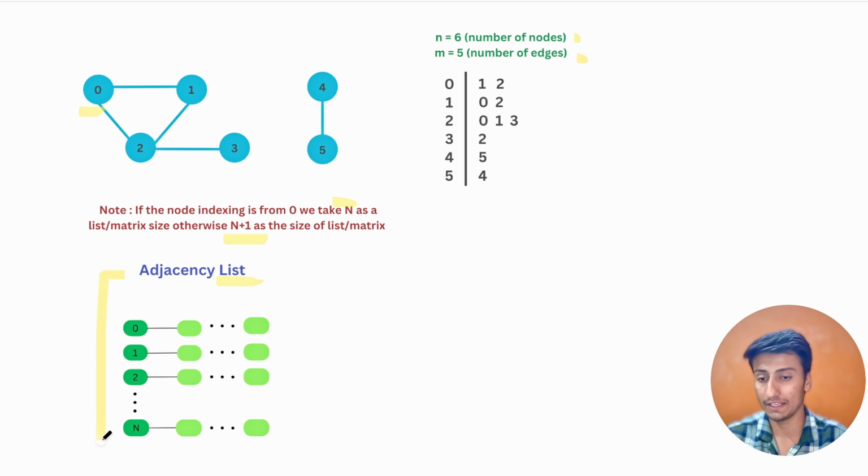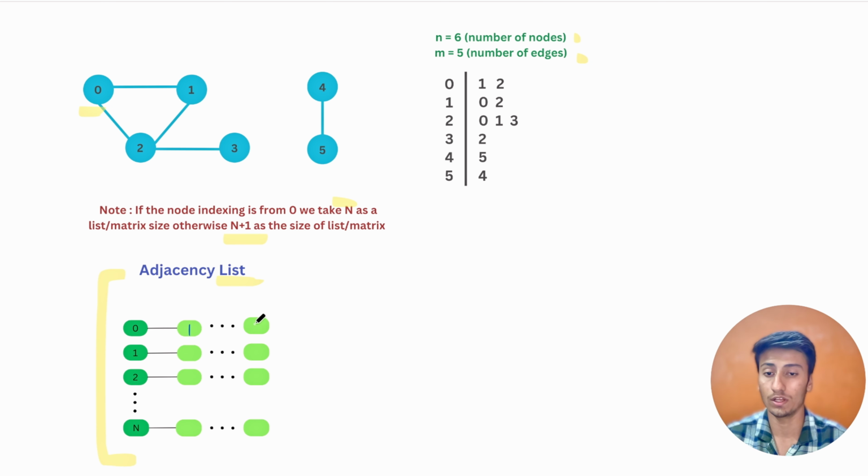So this will be our structure, an array list of array lists, where we will have 0 to n or n plus 1, and over here we will store the other nodes connected to it. So in our example, since we have an edge between 0 and 1, 0 and 2, we can store it as, first, initialize it with 0.